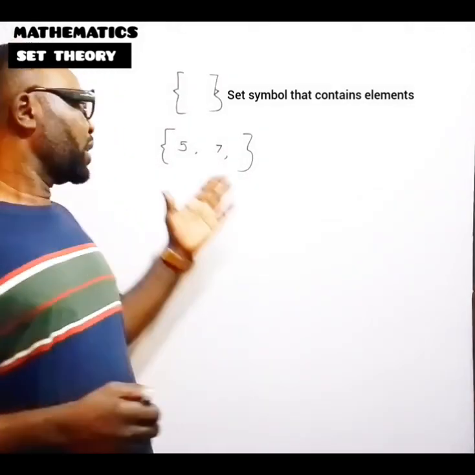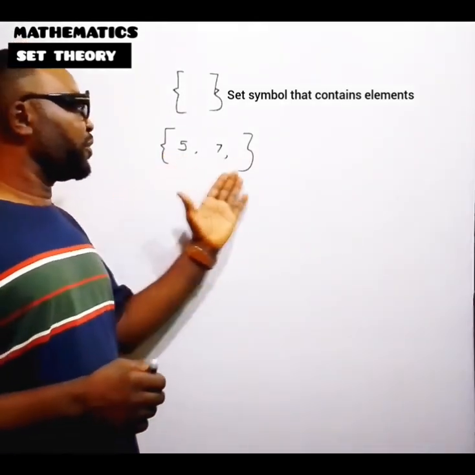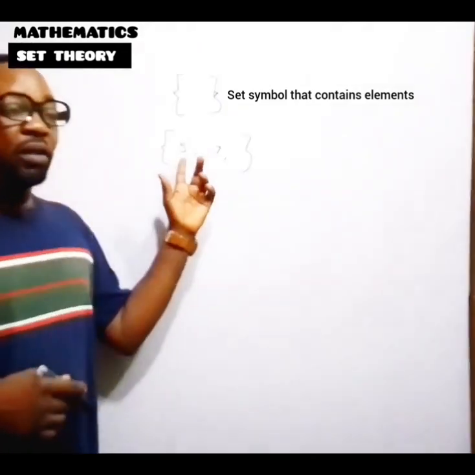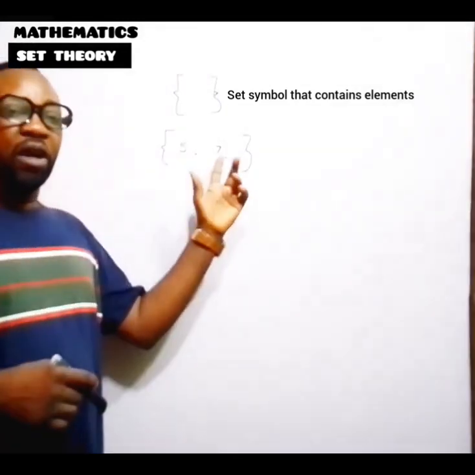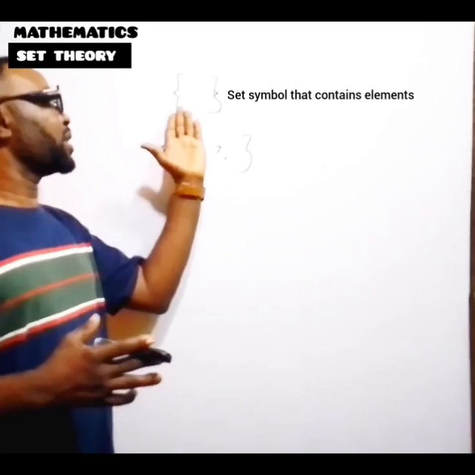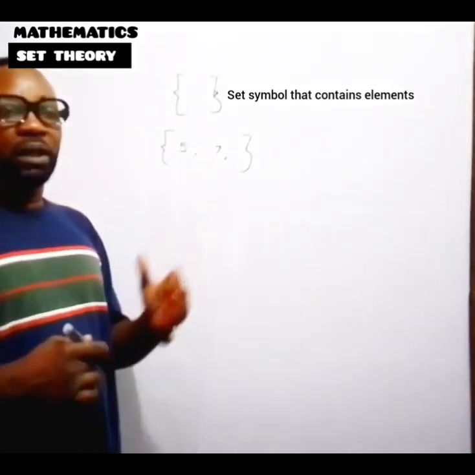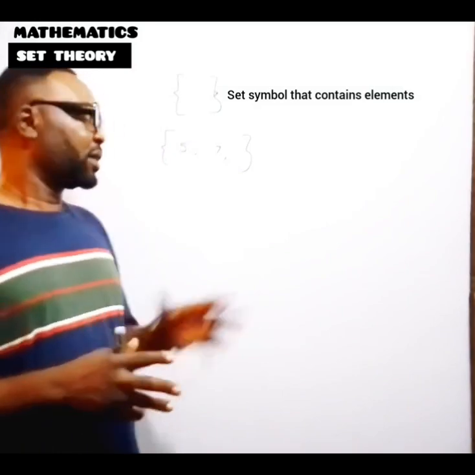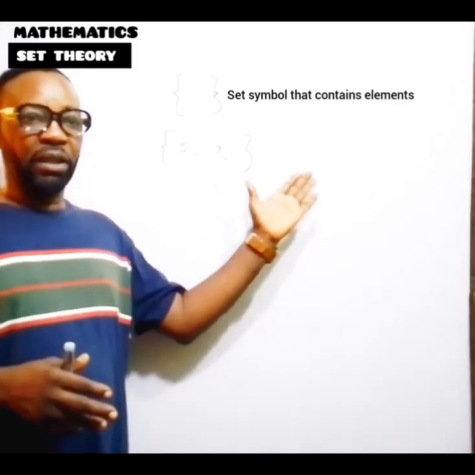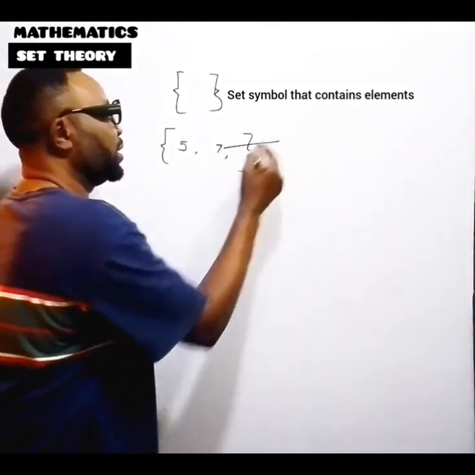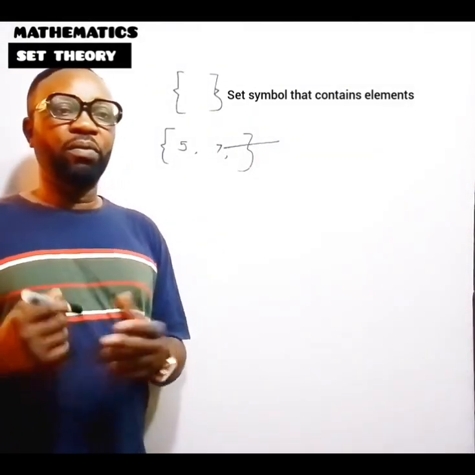You can see that this symbol identifies a set, and whatever is placed inside this set symbol is called an element of a set, or a member of a set.